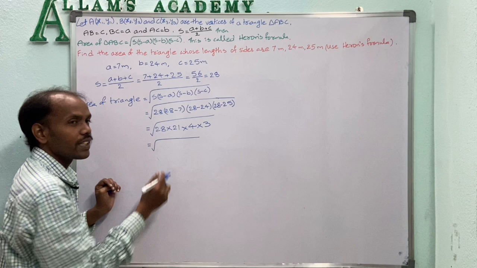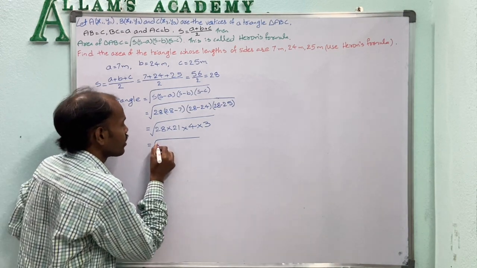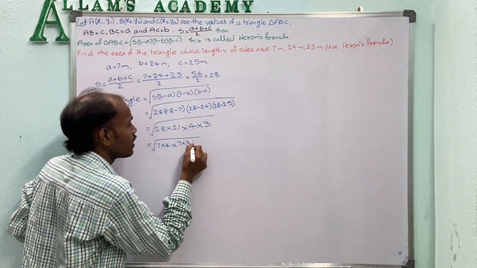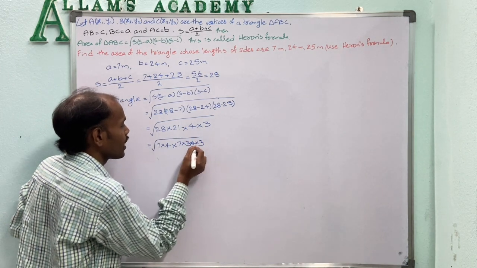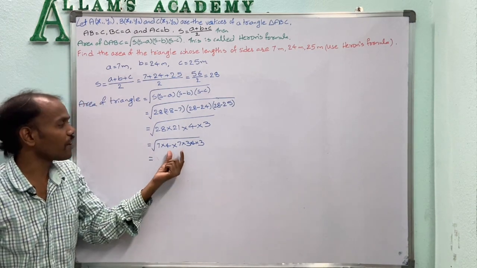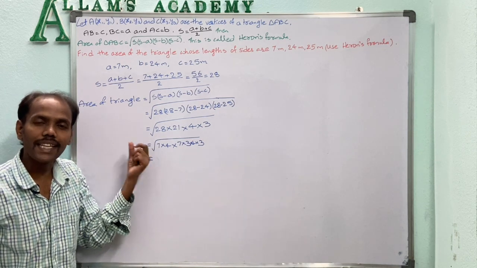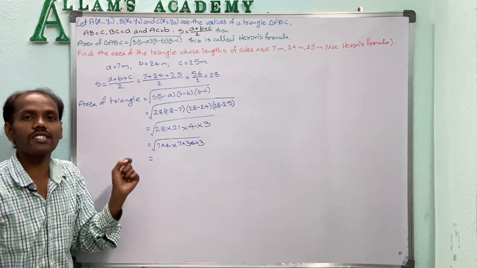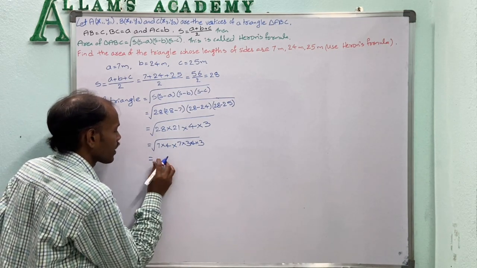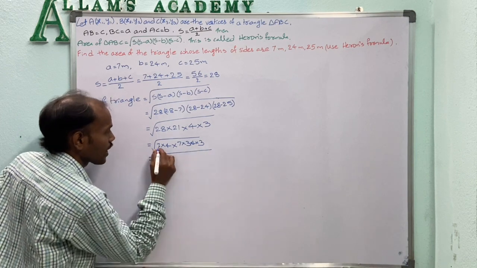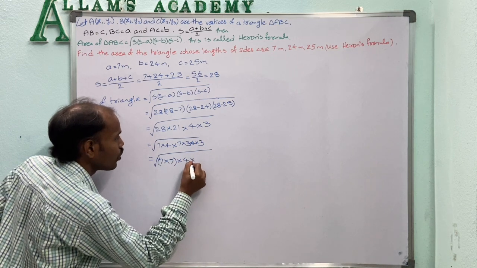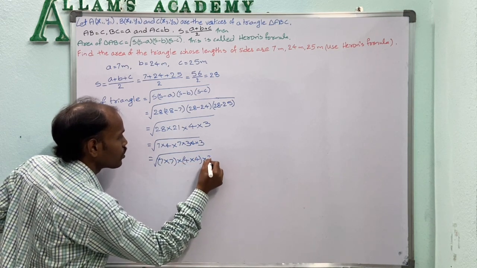Now here 28 can be written as 7 into 4, and 21 can be written as 7 into 3, into 4 into 3. Now we are finding the square root. For the square root, every two same numbers are taken as a pair, and we take one from each pair. So 7 into 7 gives 7. Writing the common pairs, that is 7 into 7 into 4 into 4 into 3 into 3.